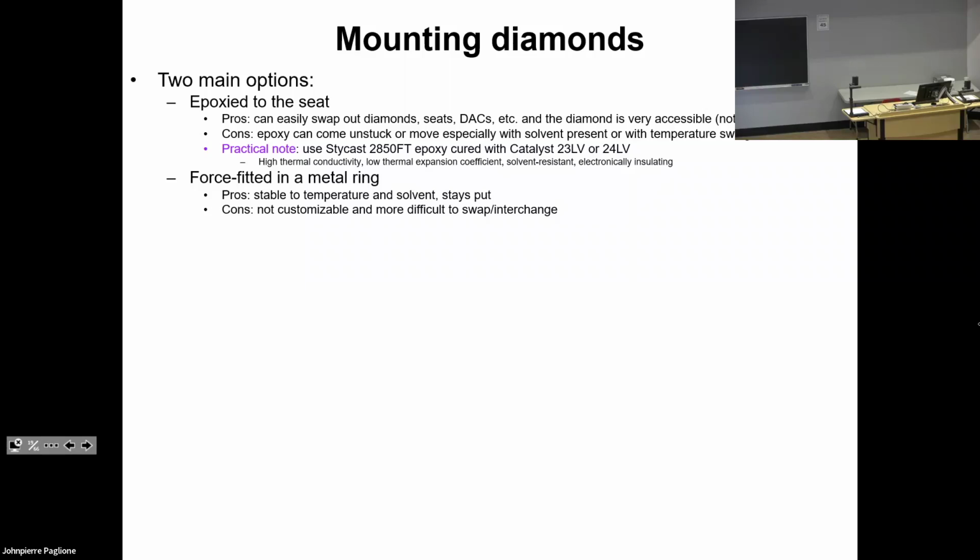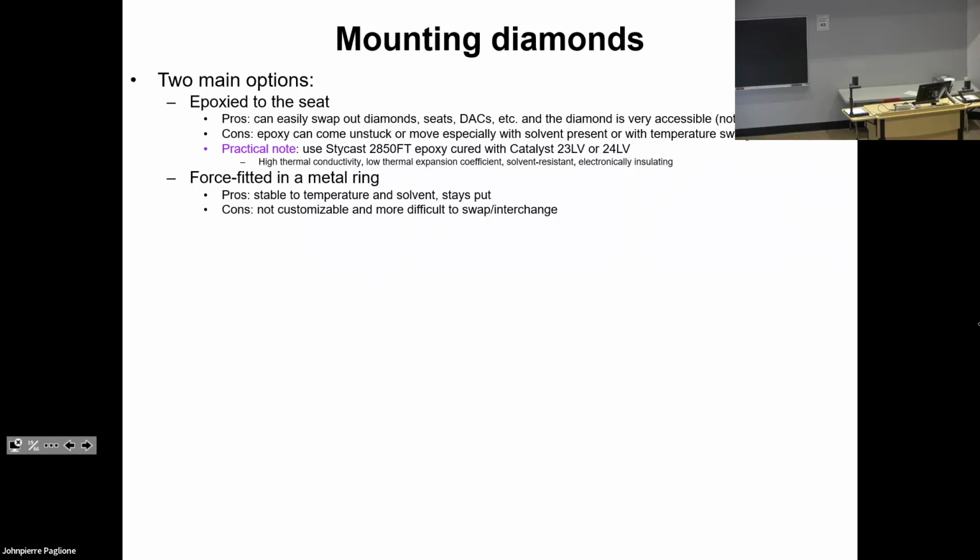The other, very traditional way that people put diamonds on seats is using epoxy. That allows you a lot more freedom, but it can be a little finicky. The pros are, you can easily swap out all of your different components, so it's very modular. But the epoxy can come unstuck if you're going through big temperature swings or there's solvent present, or if your diamonds are not well aligned.